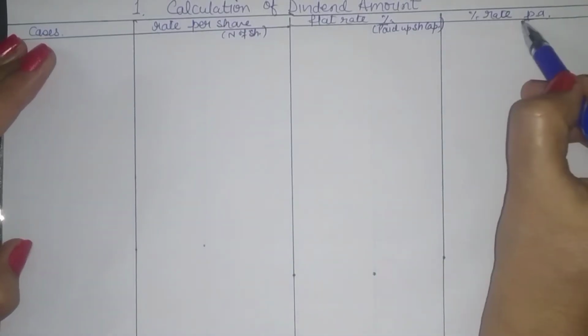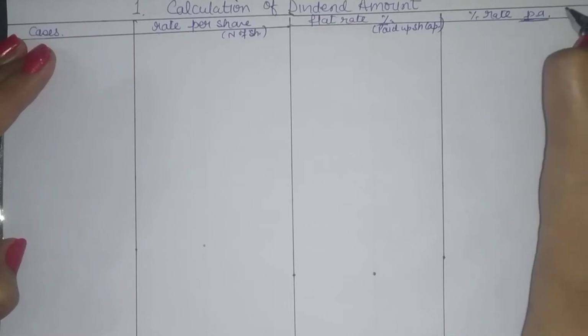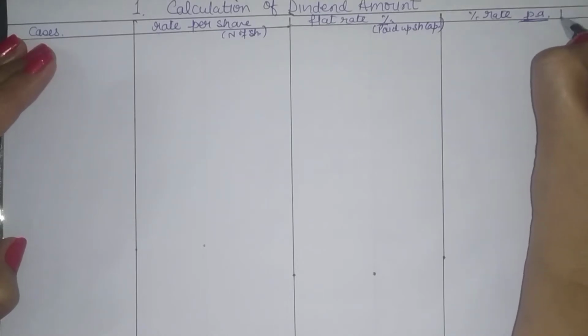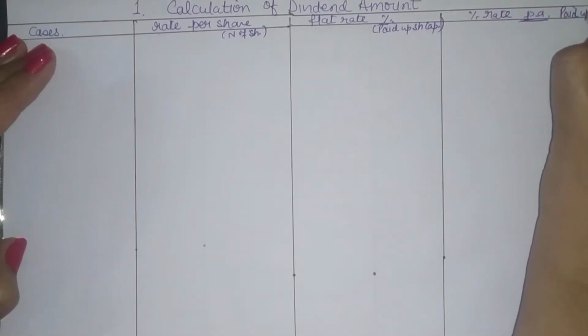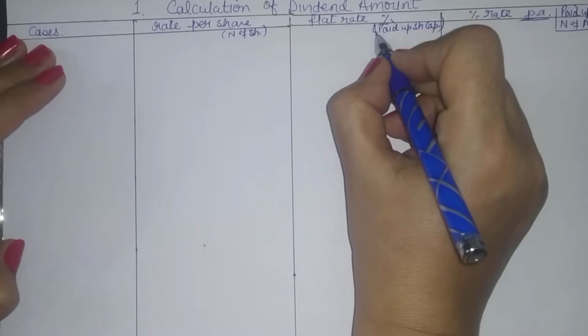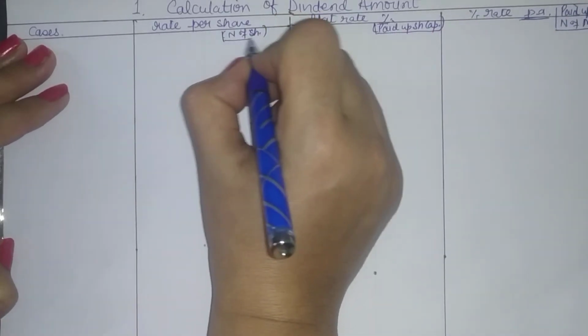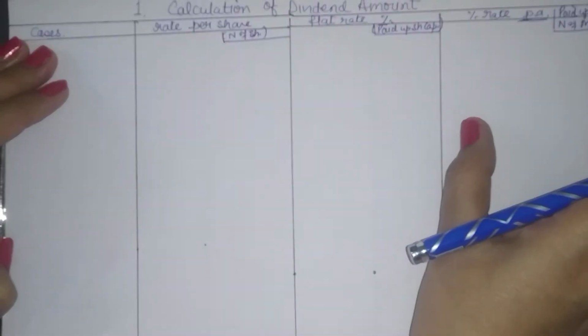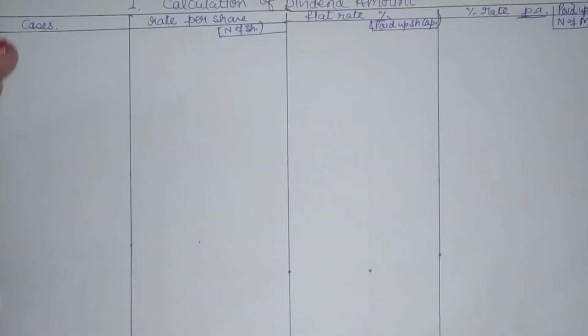So a rate per annum will imply that we will be considering not only the paid up capital, but also the number of months for which the capital is there with the company. Considering these three basic things, we can calculate the amount of dividend on the capital.